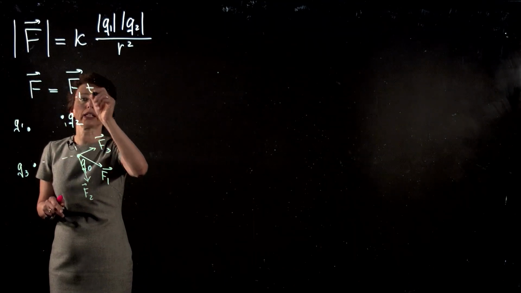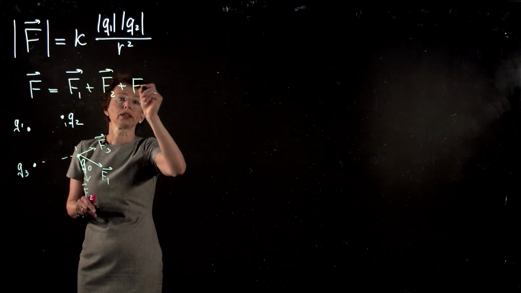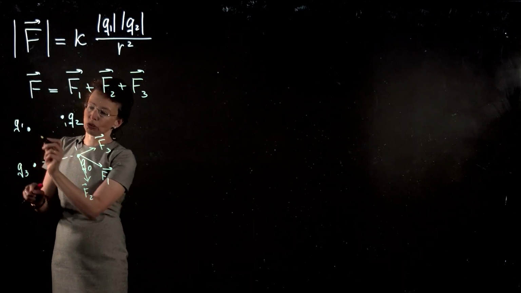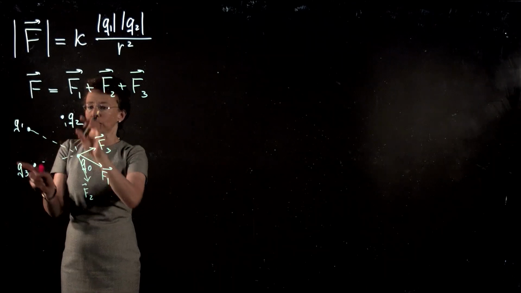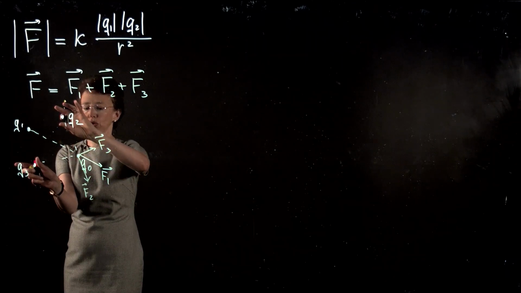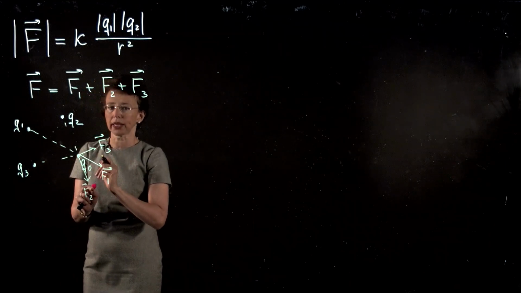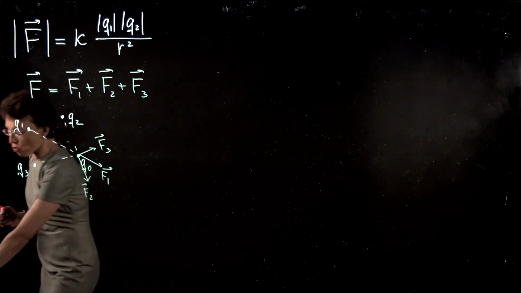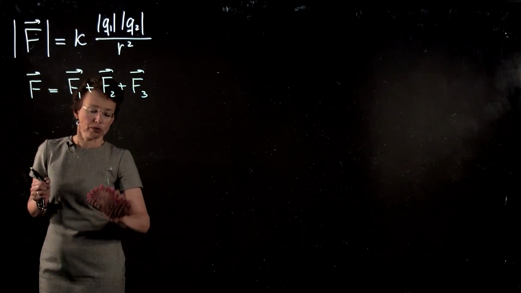So you have to add all these forces as vectors, and you find magnitude of each force. For example, force exerted by Q1 on Q0, ignoring all other charges. So no Q2, Q3, you find magnitude of F1, and the same for F2 and F3, and then you add them as vectors.